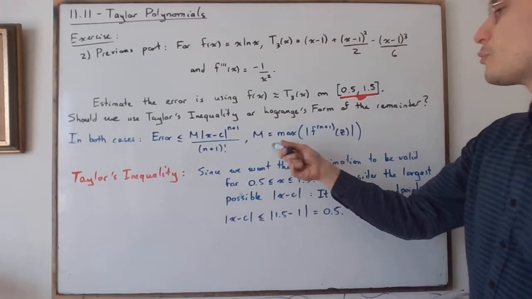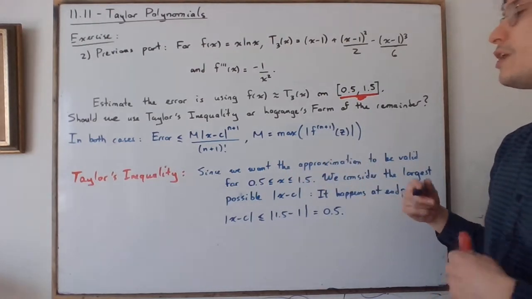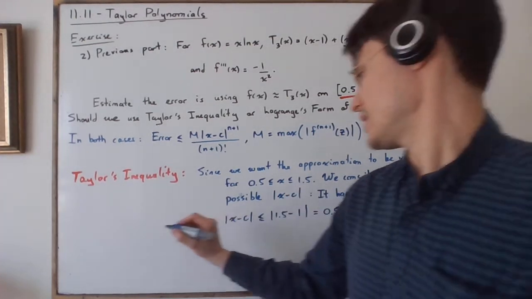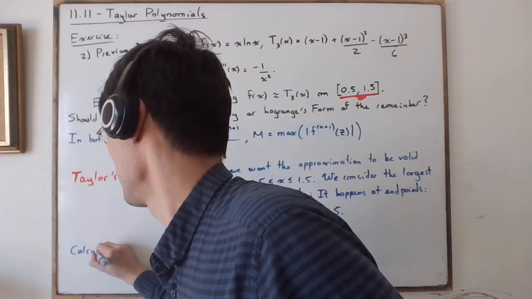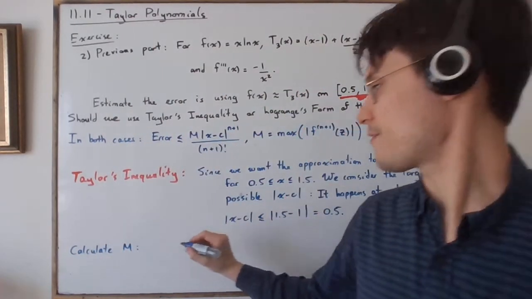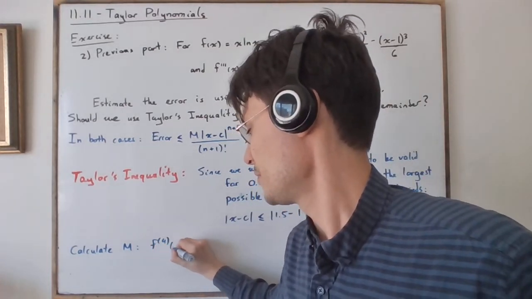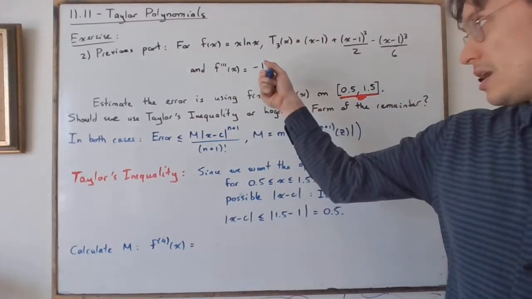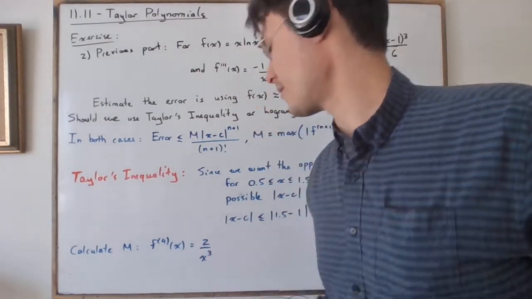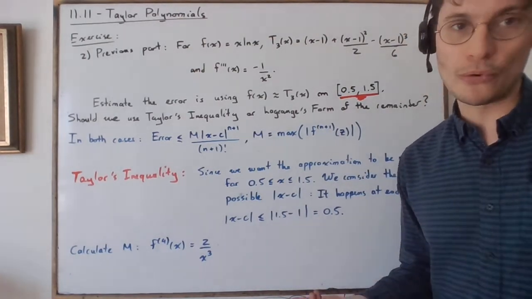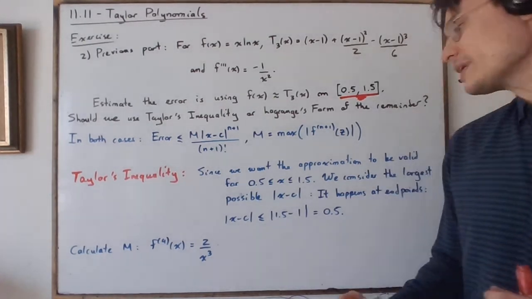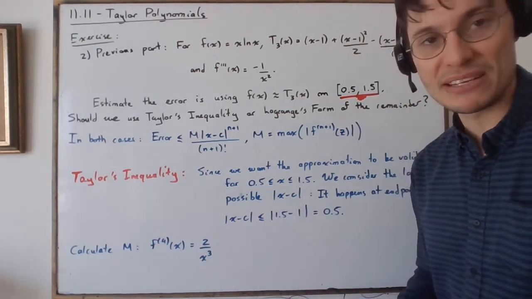Then we have to calculate M, the maximal value of the fourth derivative. So we need to take a fourth derivative. The fourth derivative in this case is going to be 2 over x to the power of 3, a simple power rule. Now we have to ask, where is the maximum of this derivative?